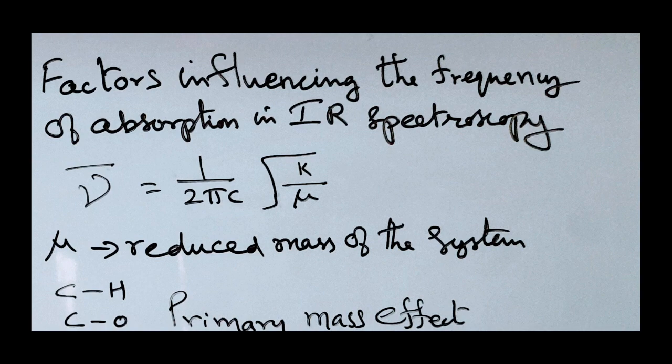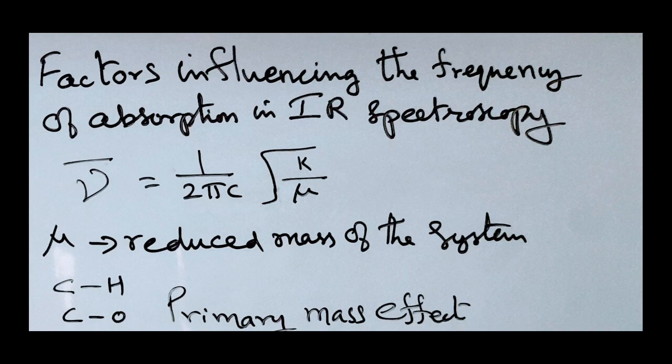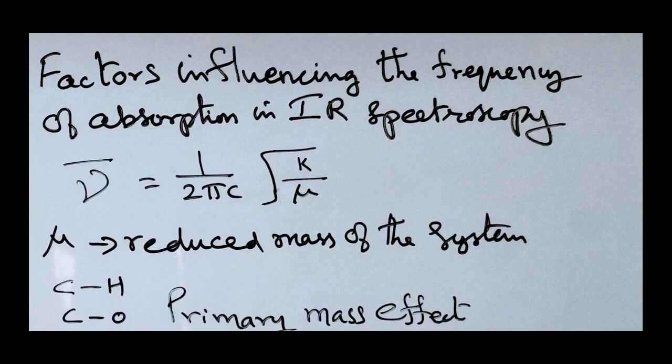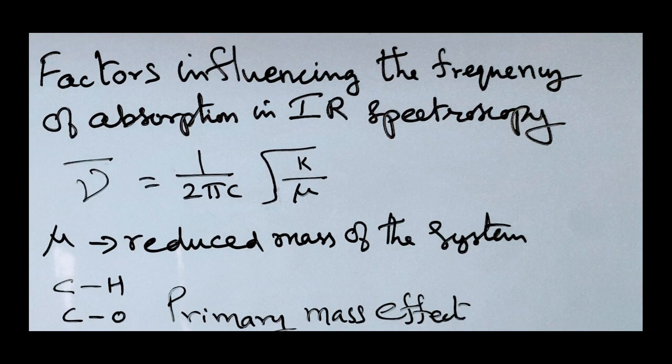K, force constant, I already told you, is speaking about the strength of the chemical bond. Some of the chemical bonds may be very strong, some of them may be very weak. So, a carbon-carbon single bond is less in strength when compared to a carbon-carbon double bond. A carbon-carbon triple bond is stronger than a double bond and a single bond. So the frequency of absorption depends on the strength of the chemical bond, that is expressed by the quantity, namely force constant.